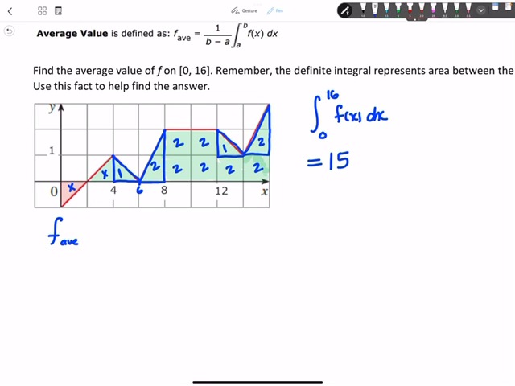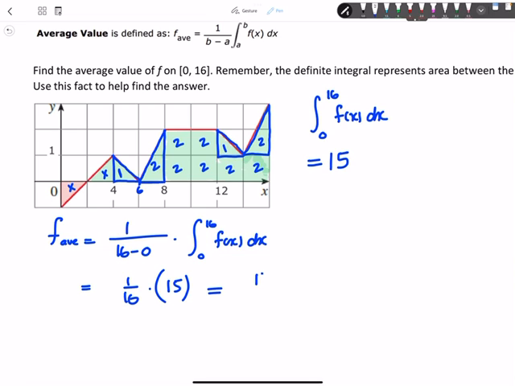The average value is 1 over 16 minus 0, times the integral from 0 to 16 of f of x dx. So this will be 1 over 16 times 15, since we calculated that integral to be 15. And very simply, the average value will be 15 over 16.